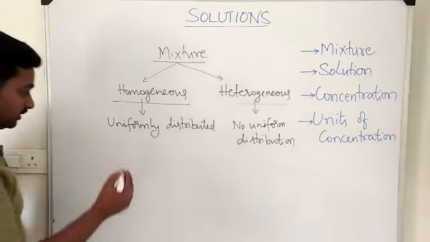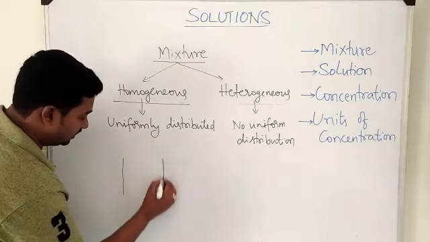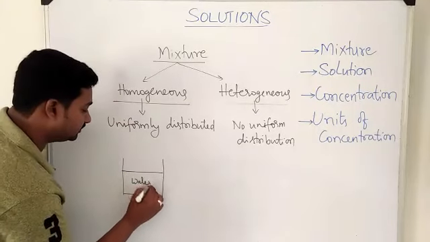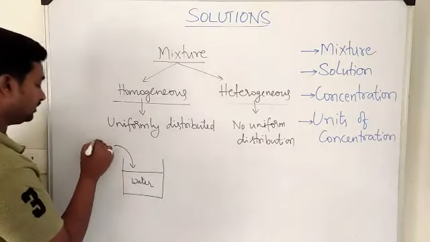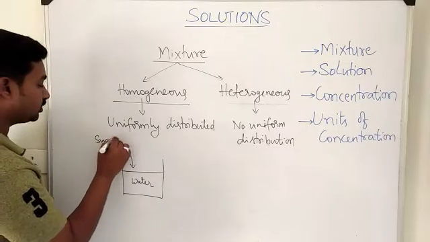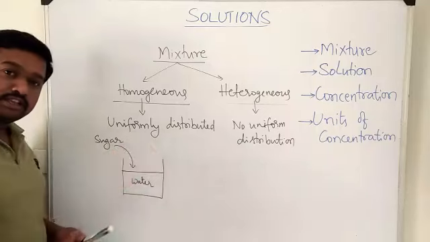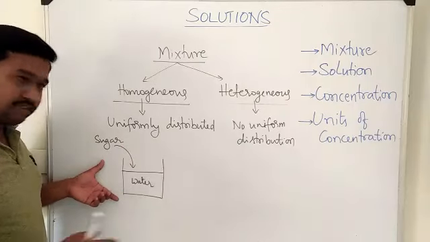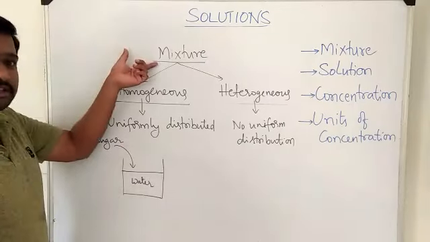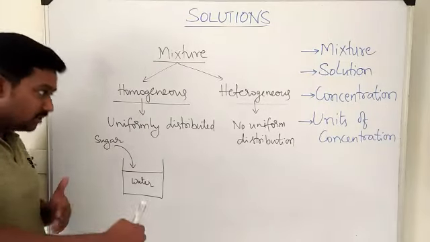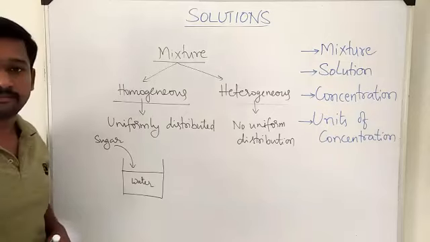To give you an example, consider a system where water is taken in a beaker, to which I am adding a small amount of sugar. When a small amount of sugar is mixed in water, that system becomes a homogeneous mixture because the particles of sugar are distributed uniformly in water.